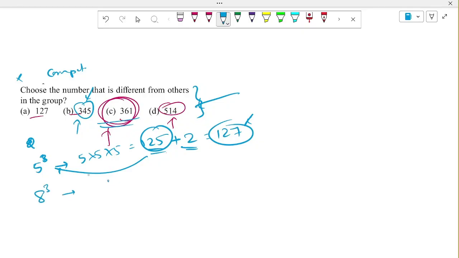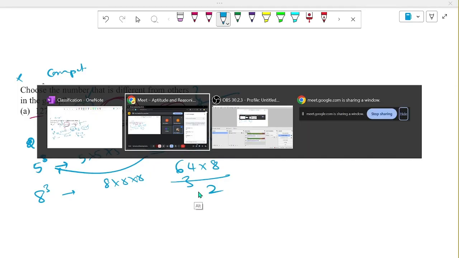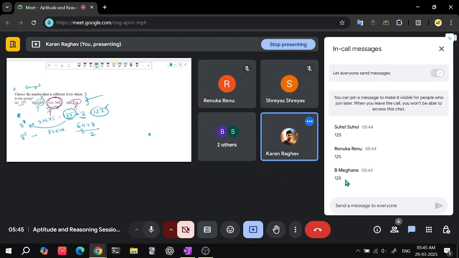What is the 8 cube answer? 8 into 8 into 8. 64 into 8. 125. Okay.